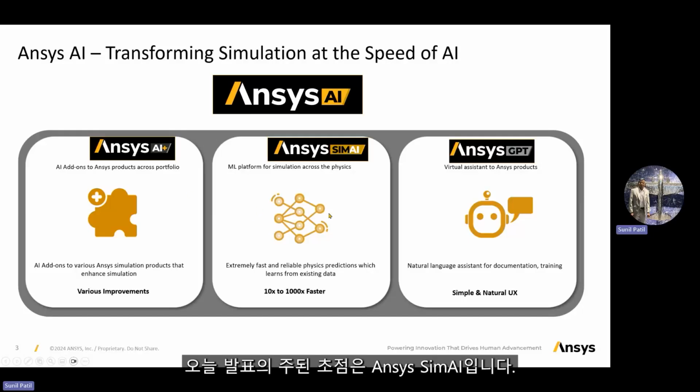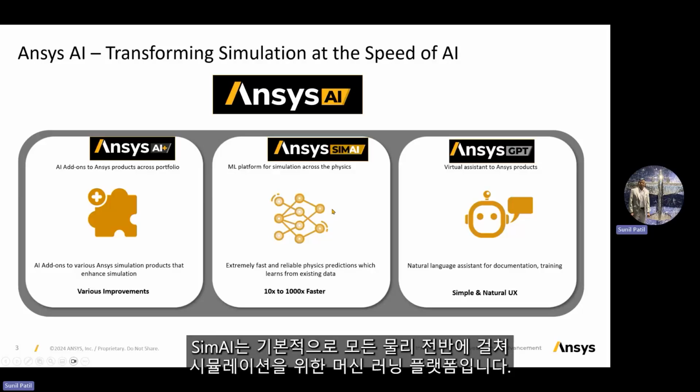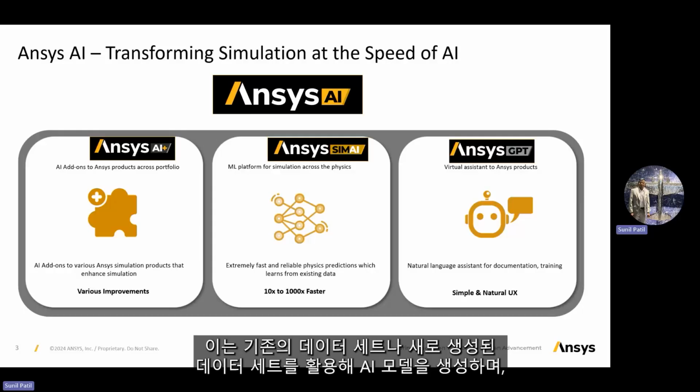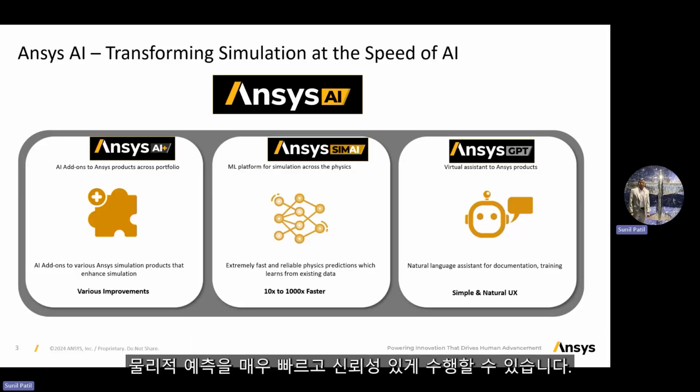And the major focus of today's presentation is going to be Ansys SimAI, which is basically a machine learning platform for simulation across all physics. It's extremely fast and reliable to carry out physics predictions, which are derived from the training data sets, which can be already existing or can be generated to create these AI models.